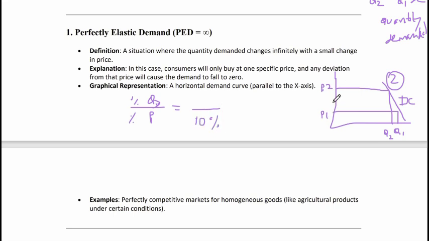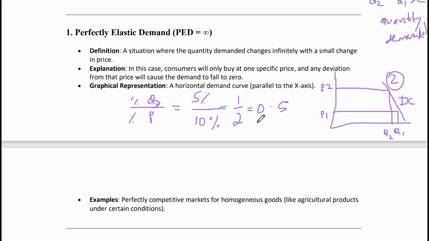The price has changed 10%, but the quantity changed is less, let's say 5%. The quantity demanded has changed only 5%, but the price has changed 10%. So it is half, which means it is 0.5.